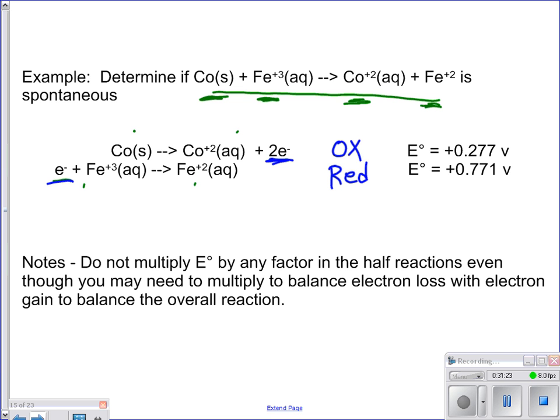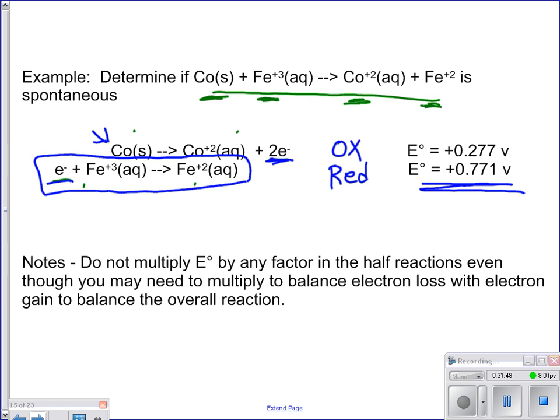So when you look at your reduction potential table, this guy right here is going to be written exactly the way you see it. You look it up and you see, yeah, there it is, that voltage of 0.771. And it's spelled out exactly like that. But when you look up your cobalt, you can look all day long, but you won't see it written like this.